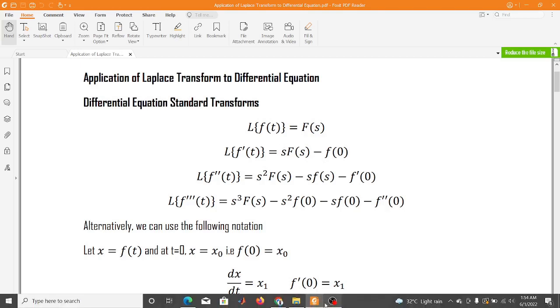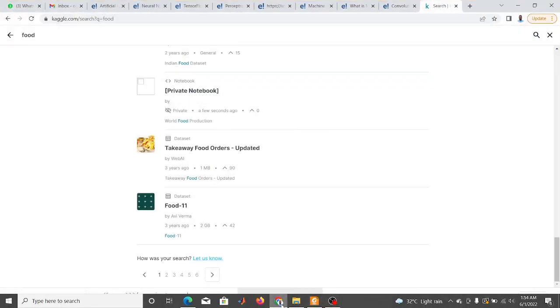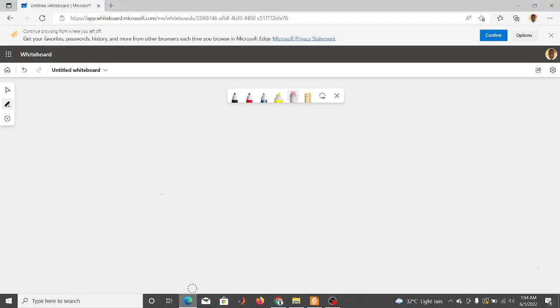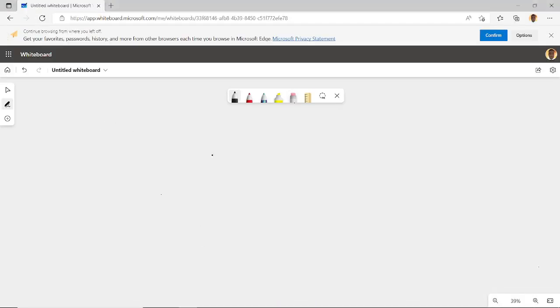Now you recall that the Laplace transform is L of the curly bracket f of t, and the transform is the capital F of s.